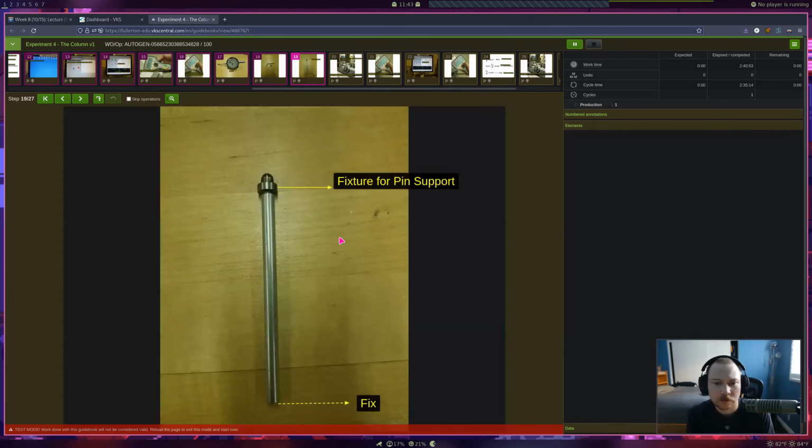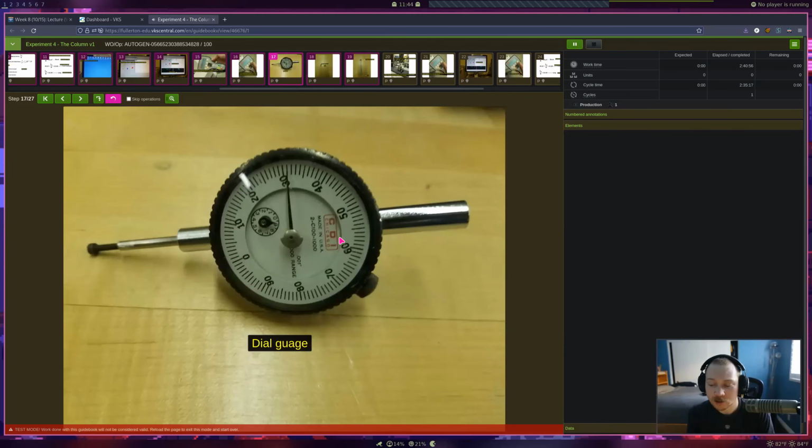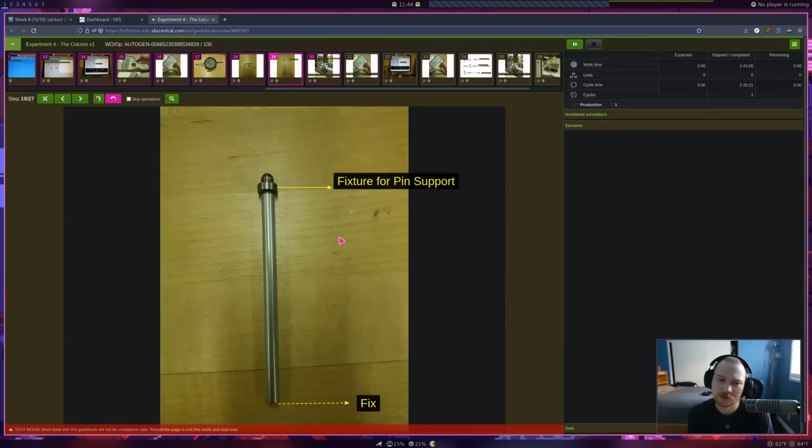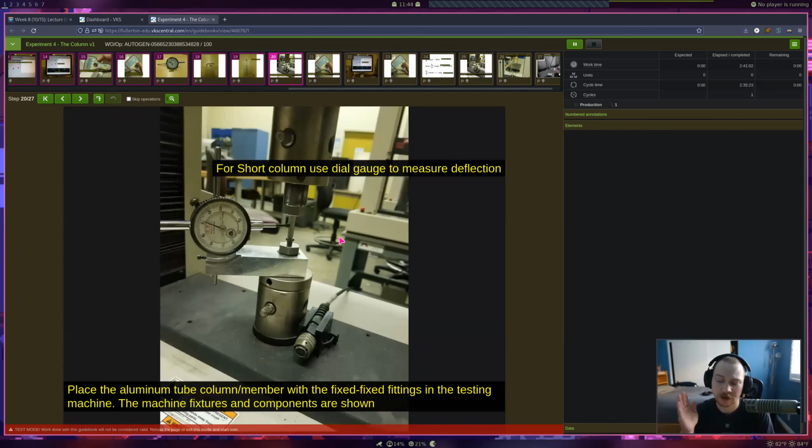All right. This dial gauge here is to measure deflection. We're probably not going to do that because measuring that outward horizontal deflection is a really big pain with really bad results. If you're looking at these short columns, it's really hard to find where this plane of deflection is occurring.